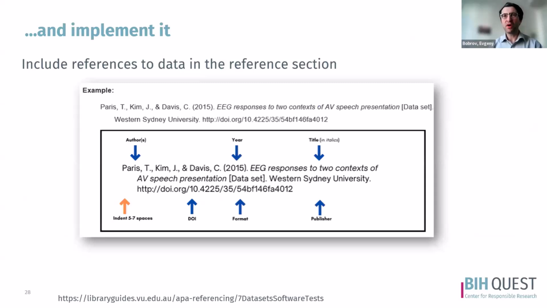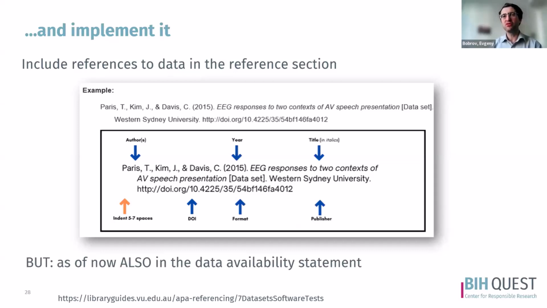So on the one hand, to include data citations in the references, but also at the same time, for now at least, to include a statement about data in the data availability statement. So this might be a little bit of a repetitive thing, but the effort isn't really that large. And this way, one can really make sure that both the citation record, but also human readers will be definitely aware of data sets.